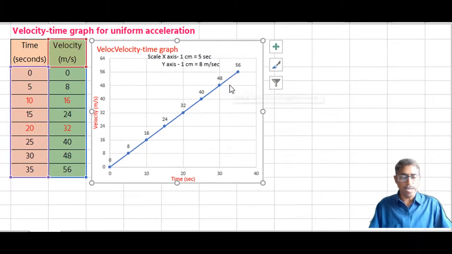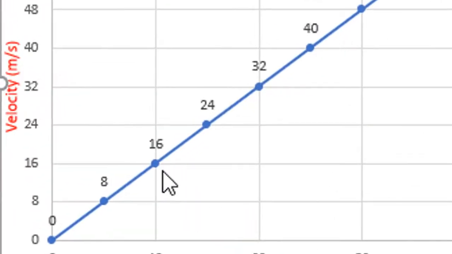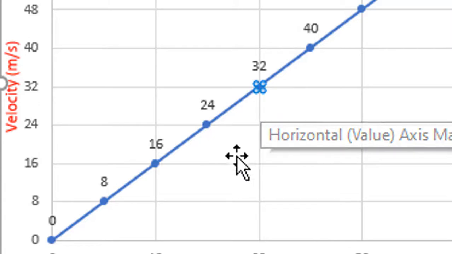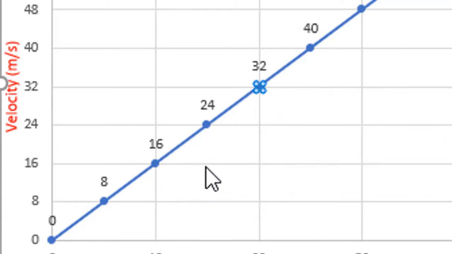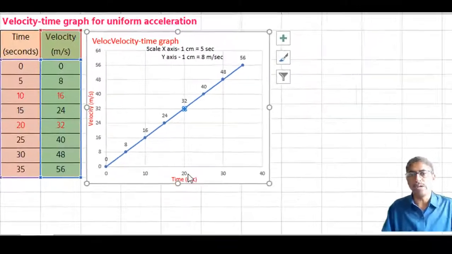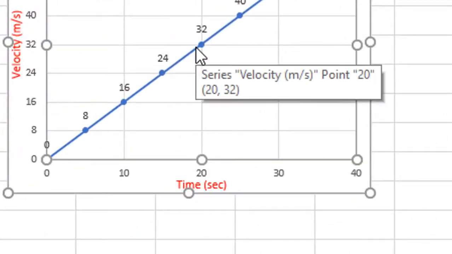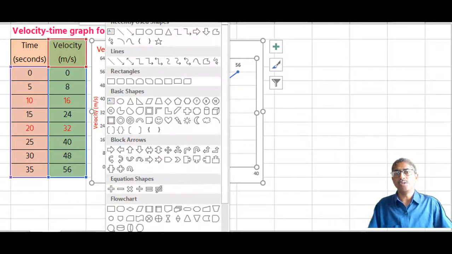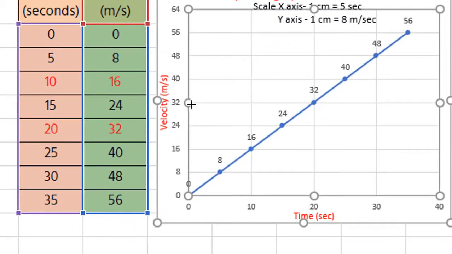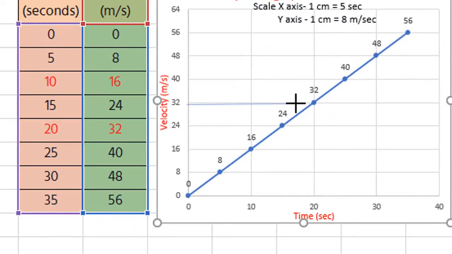Here we have to calculate the area of a particular quadrangle in the graph, which is the distance covered by that train. For that you take two points, 16 and 32, to calculate the distance covered by that train in a specific time, that is from 10 second to 20 second. Join these points to the x-axis and y-axis like this.